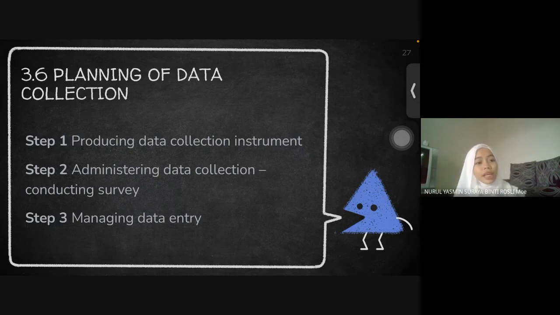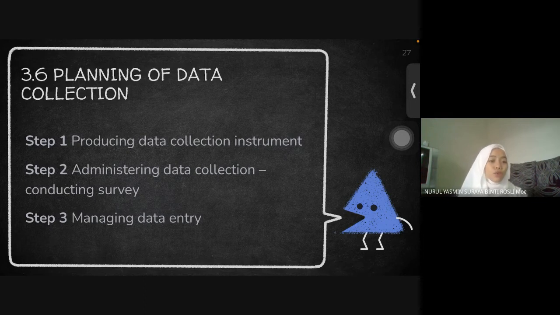Step one is producing the data collection instrument, where a standardized questionnaire is produced to be given to the sample participants, which consists of 15 questions in three sections: Section A, Section B, and Section C. It is constructed based on the Likert scale, where 1 equals fully disagree, 2 equals disagree, 3 equals agree, and 4 equals fully agree. For this questionnaire, the participants have to answer all of the questions.